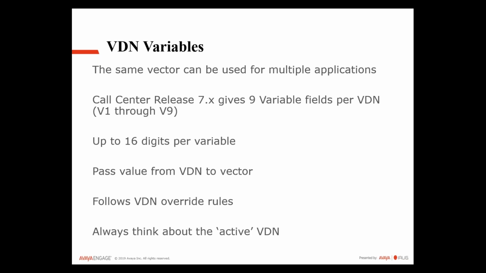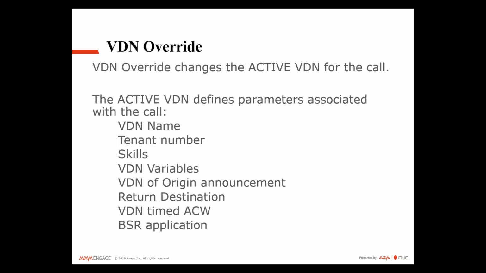The VDN override rules we're going to spend some time on because VDN override is so important with the variables, and it's also something that took me forever to really understand. So for me, it was always that little yes, no, that I had no idea what it really meant.